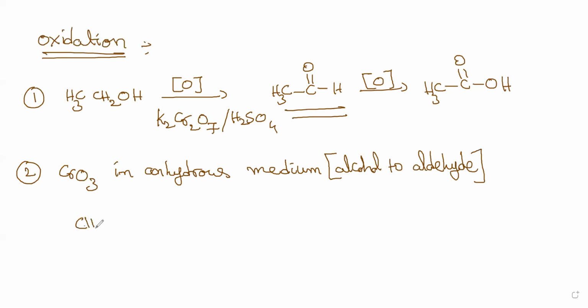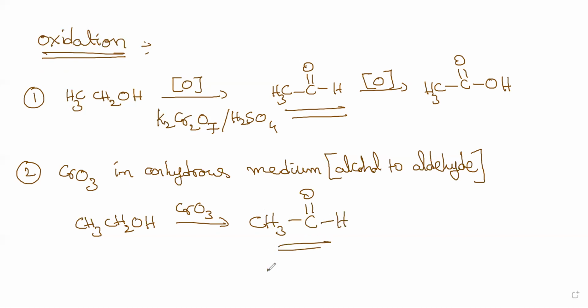So suppose I take CH3CH2OH and I treat with CrO3, I get aldehyde and it will stop here. That is most important. I get an aldehyde, and this is acetaldehyde.